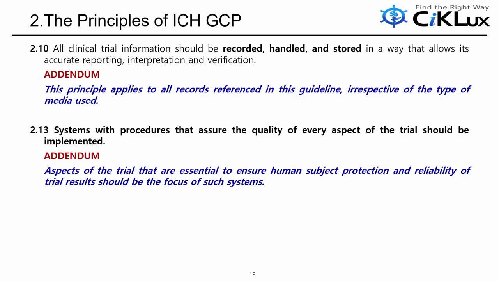And for the systems, when we use them, the very first thing that we need to consider is the protection of human subjects. Well, we use electronic systems and electronic data a lot, but sometimes we see examples where the private information of the patients can be transferred together.